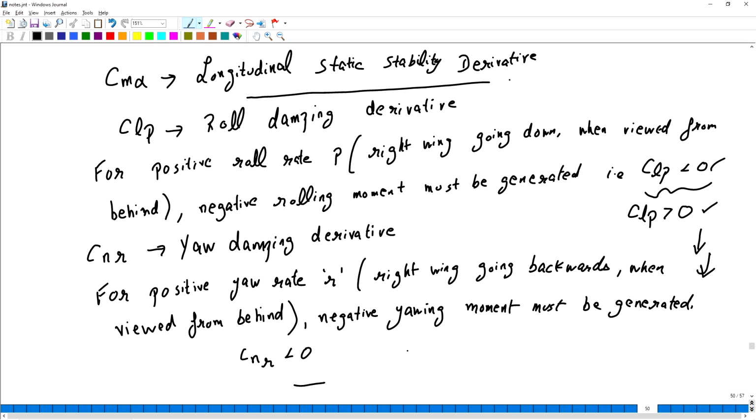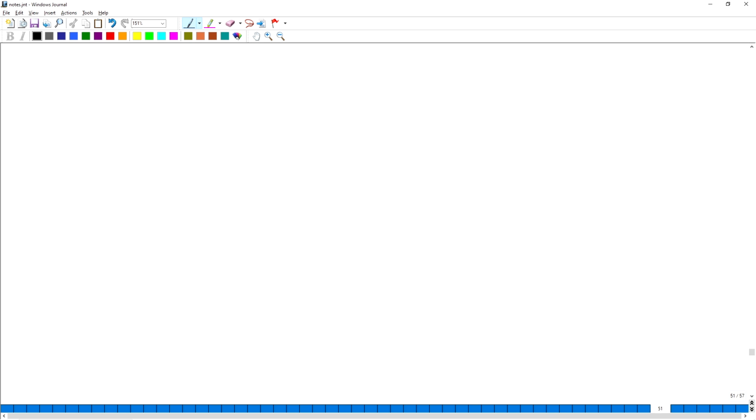And when we tried CNR greater than 0, with the initial disturbance, the right wing was already behind. So then what happened? It kept on going backwards. That means it kept on yawing. But for stability, we need it to go back to its equilibrium position. So hence CNR should be negative. All right. Now let us write a note here.